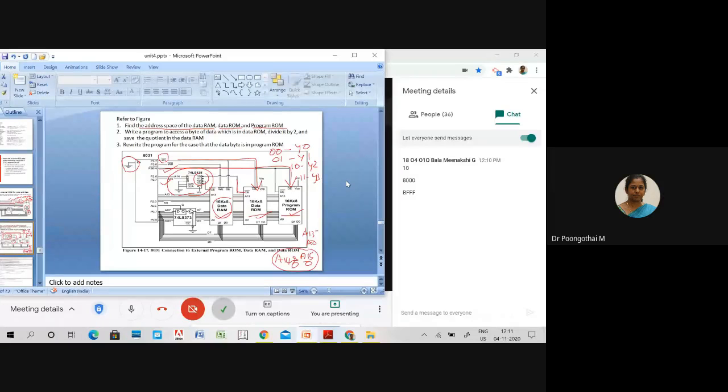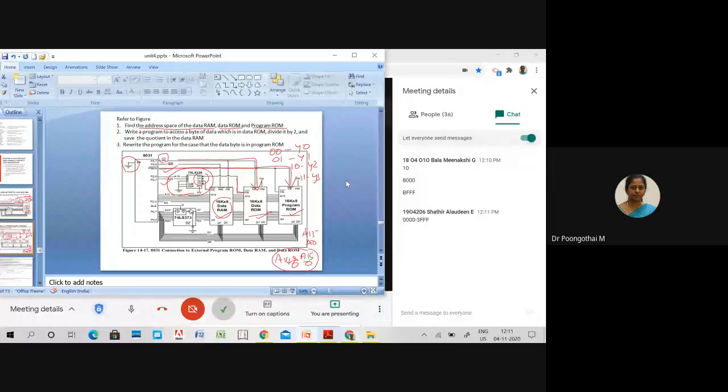So the starting address will be 000. Okay, and what about the end address? Students, are you able to follow? Okay, 000 to 3 triple F. So that is for your 16K cross 8 data ROM.